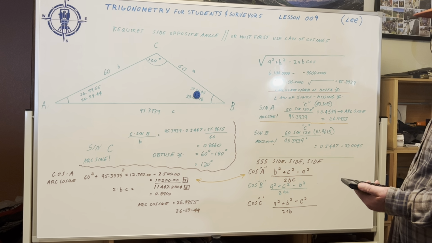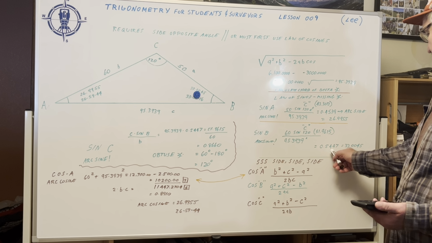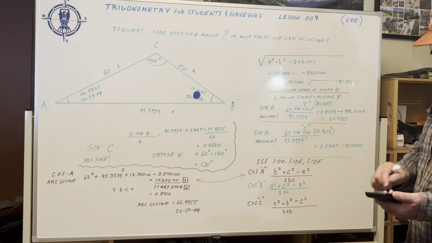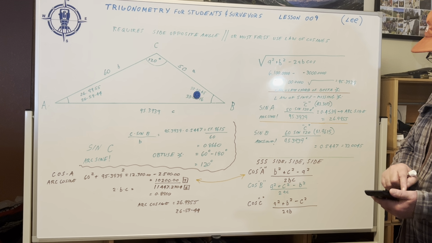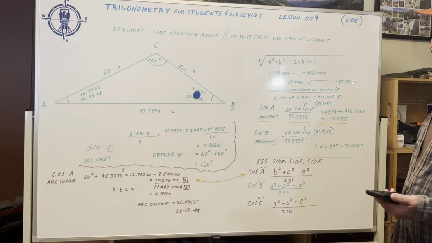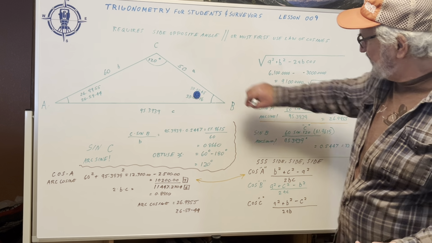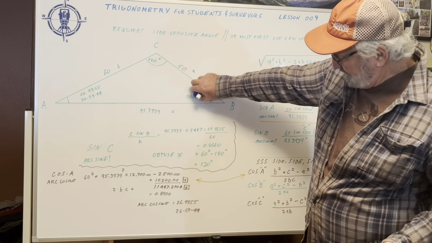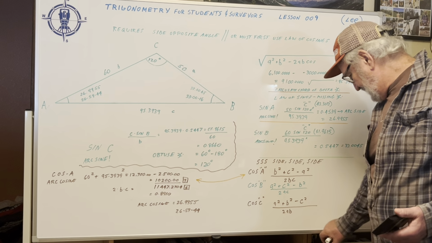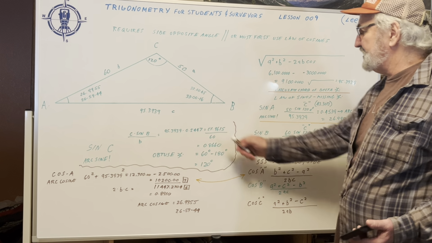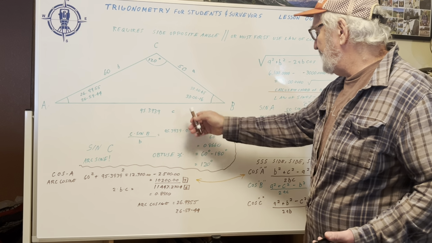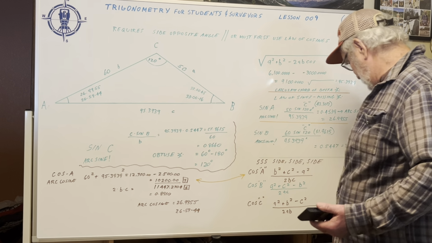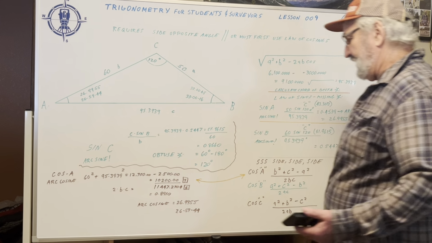Divide is 0.5447. Now we want the arc sine of that. 33.0045. We'll take our smiley face off here. And then this is 33 degrees, 0 minutes, 16 seconds. And that's how you do that.